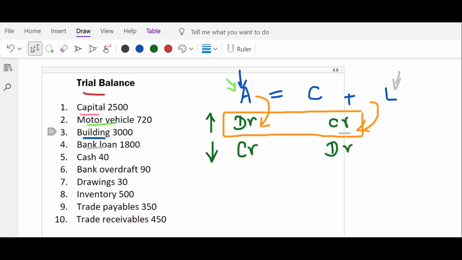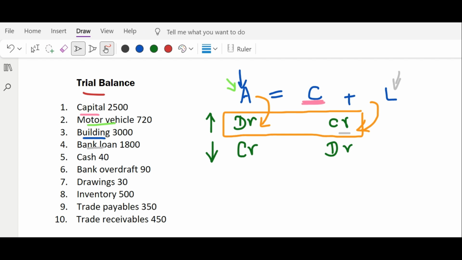Drawings. Now, drawings, I've told you before that it's the opposite of capital. That means when the owner takes back money or inventory from the business. So that is then a decrease in capital. So we have capital here. A decrease in capital is debit.